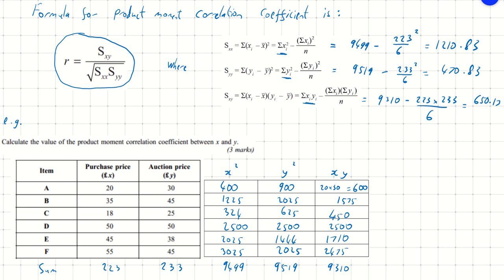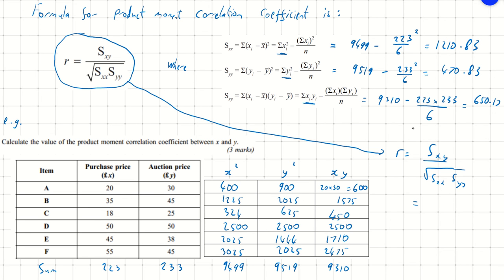Okay. Now, finally, we just have to plug these numbers into my formula for R. So I'm just going to move this down here. So R, which is my correlation coefficient, is SXY over the square root of SXX SYY.